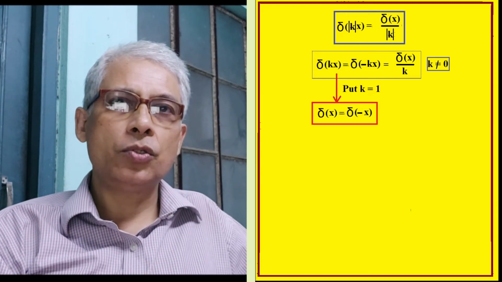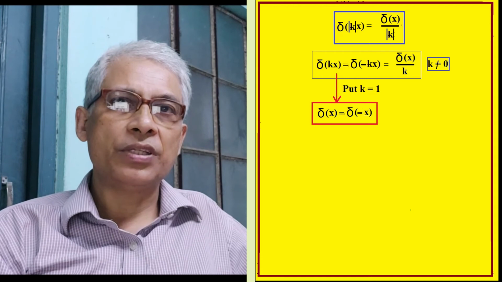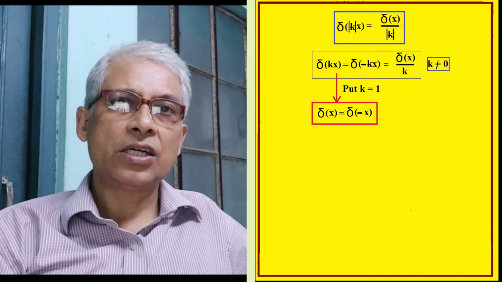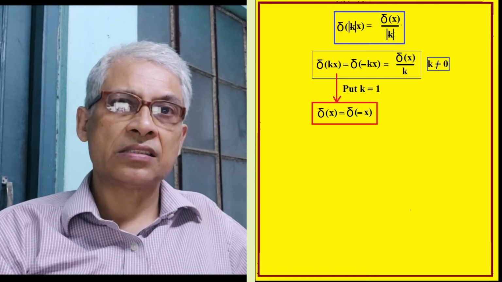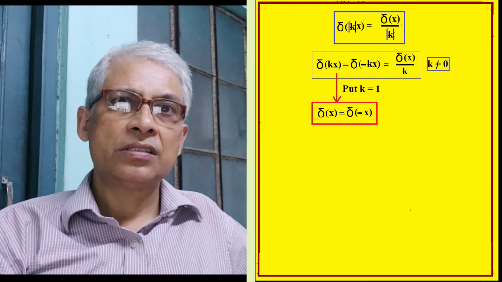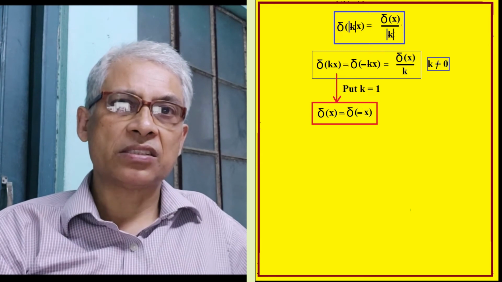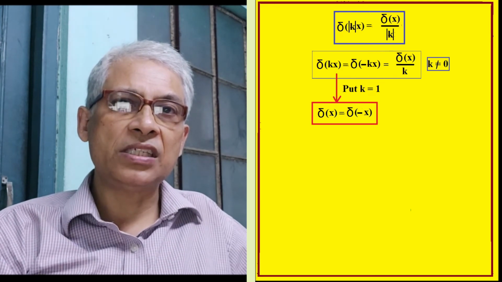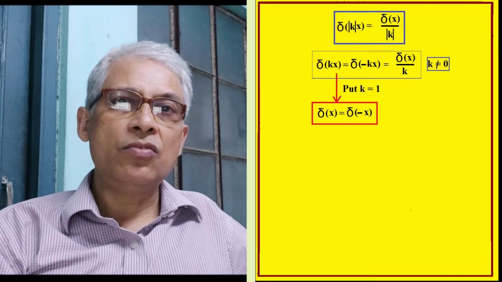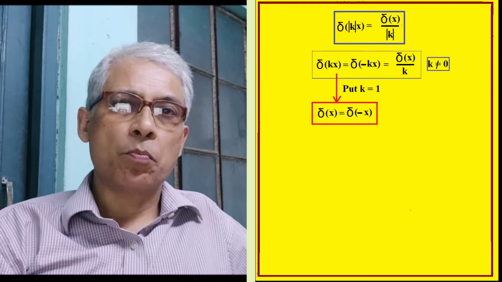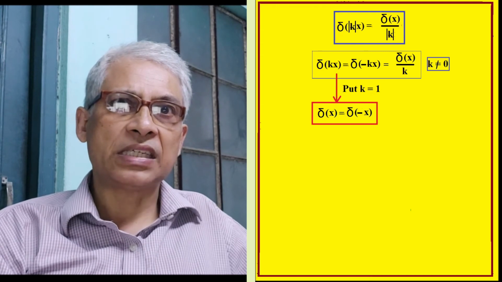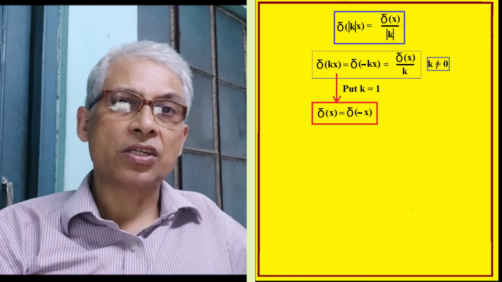Let us put k equal to 1 so that we end up with the following. Dirac delta of x is equal to the Dirac delta of minus x. In other words, the minus or the plus has no effect externally. I mean, the value of Dirac delta function is same whether it is minus x or plus x in the argument of Dirac delta.